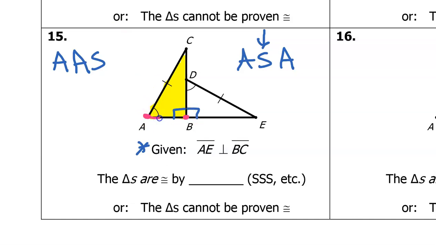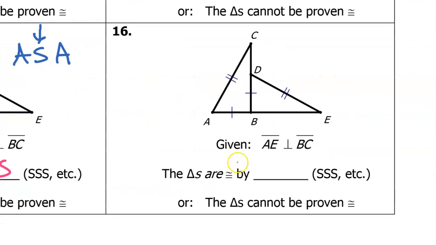Here is the side that's between the two angles. Is that the side that is marked congruent? No, the congruent side is way over here, not between the two angles. So because the side is not between the two angles, this is an angle, angle, side situation.